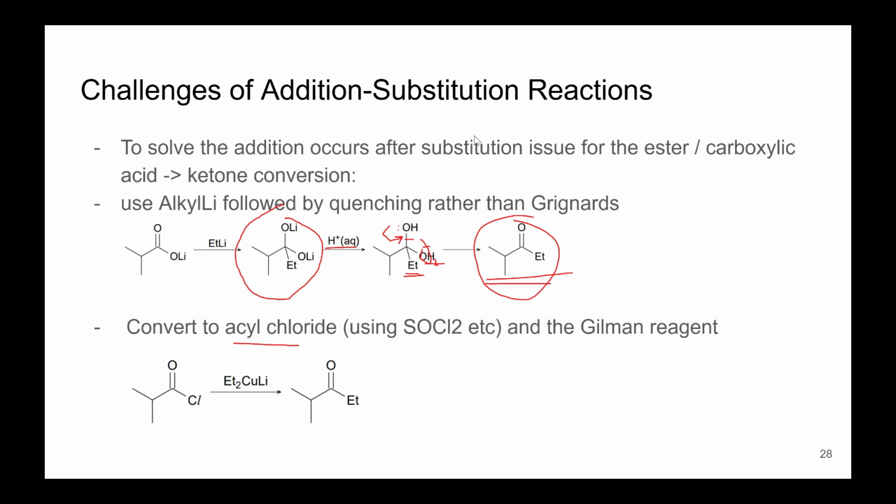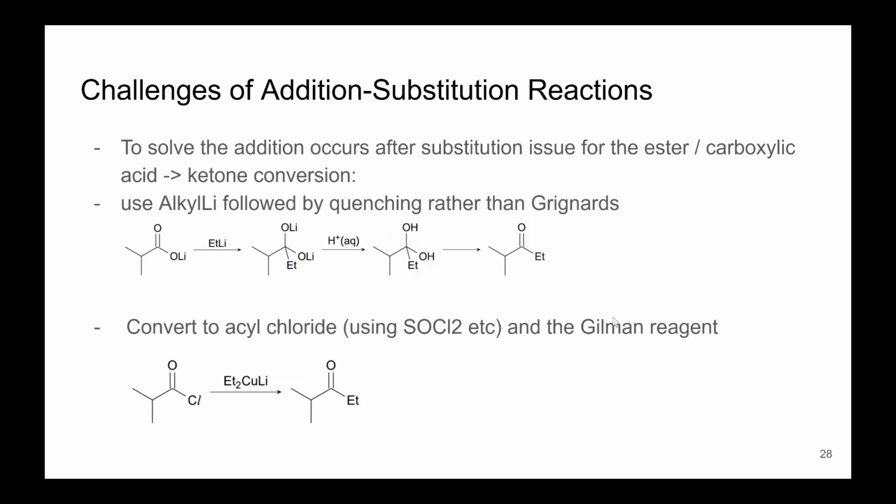Know that this is just one of the many examples of reagents that can be used. So just bear in mind when you see the copper lithium motif, it's usually a Gilman reagent and it will react with your acyl chloride to give you your ketone.